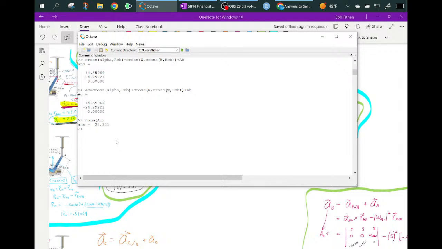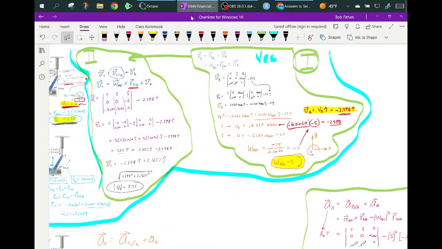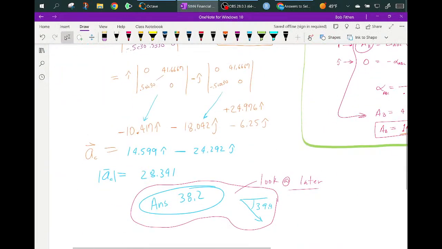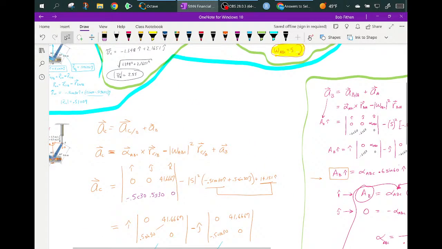So I'm going to stick with my own answer and say it's possible. And instead of 38.2, it was supposed to be written as 28.3. 38.2, so somehow maybe the 3 got interchanged there. So I'm going to go ahead and stick with my own answer and call it a lecture.